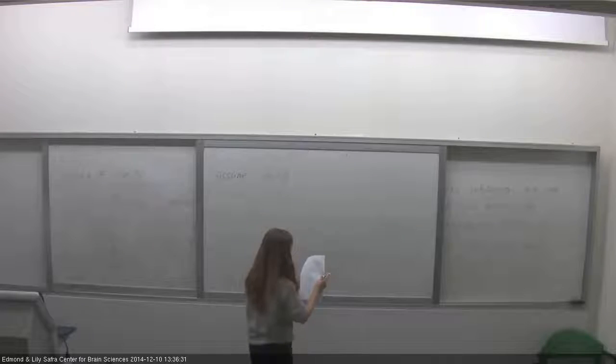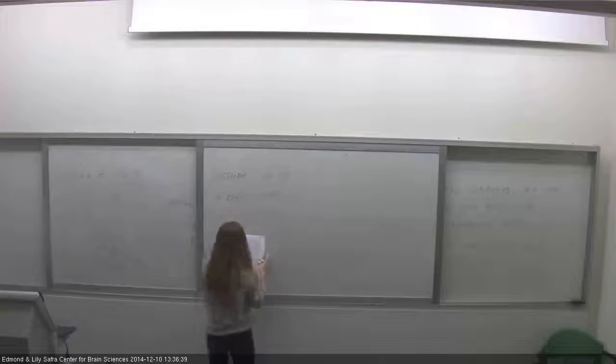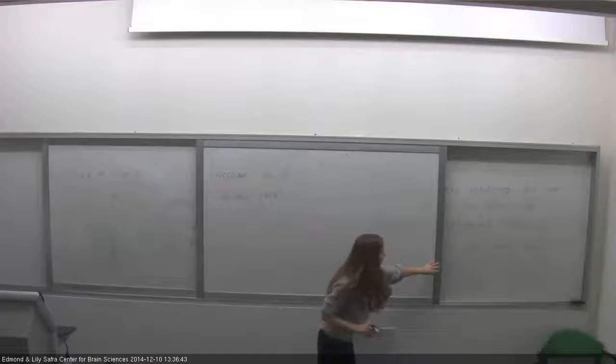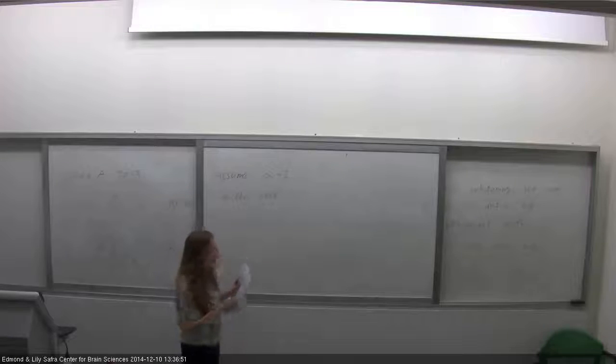Okay, so in this case, where alpha is equal to half, the general form of the whitening matrix is just a rotation. It's just a rotational matrix.